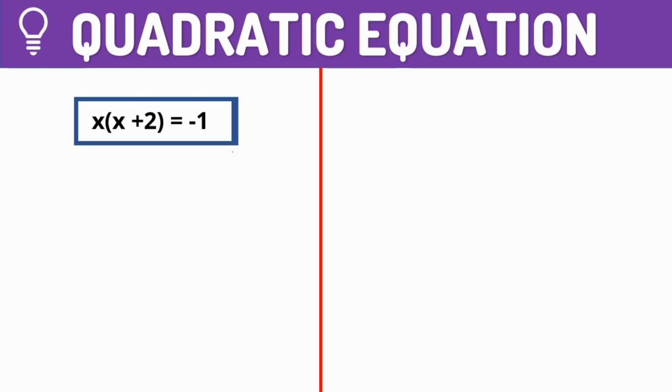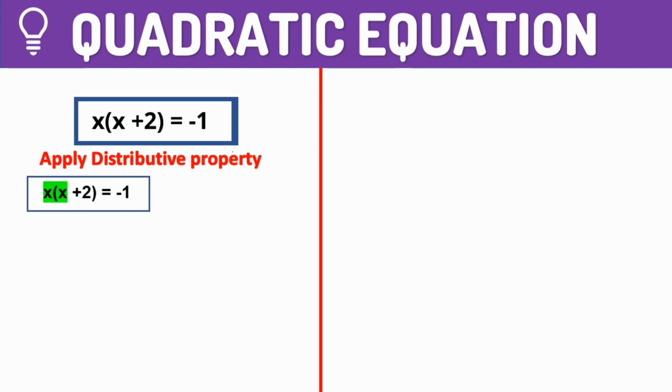Let's see. We will apply the distributive property of multiplication to get its product. The first step here is to multiply x to the first term inside the parenthesis, and that is x. X times x, the answer will be x squared. We will just simply add the exponents in multiplying this.